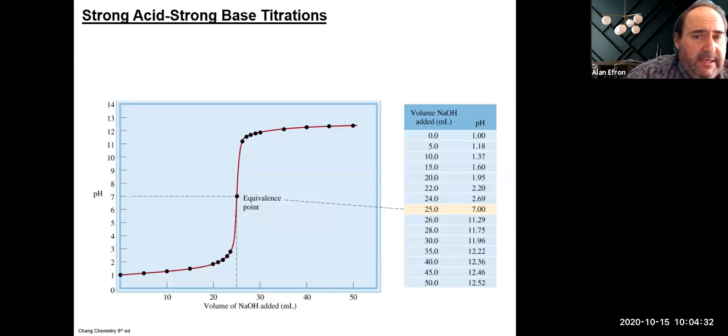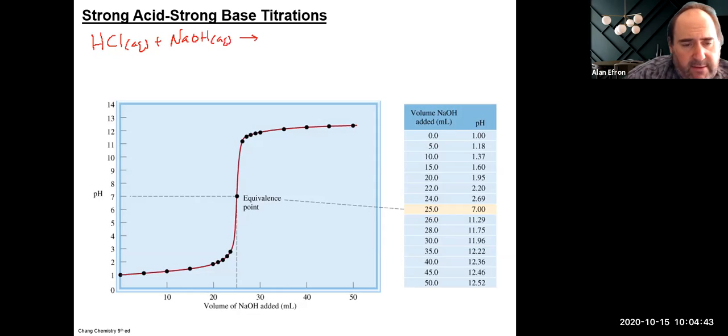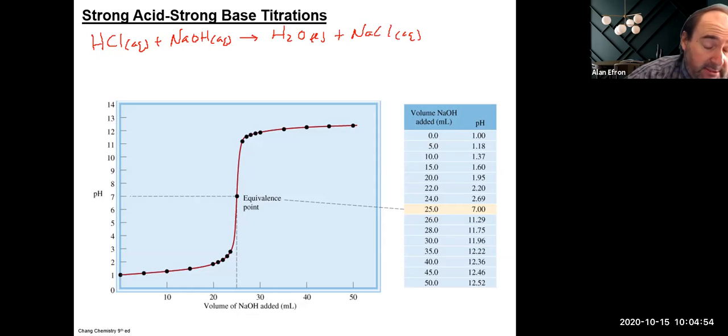For example, say that we're taking hydrochloric acid, which is a strong acid, and we're going to react it with sodium hydroxide, which is a strong base. And we should get a little bit of H2O and some sodium chloride as our products.